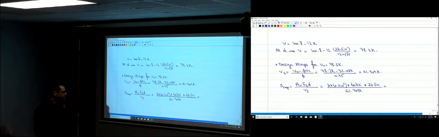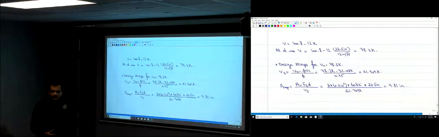So for U-shaped, you have 2 branches multiplied by the area of a number 3 bar, which is 0.11 inches squared, multiplied by fy, which is 60 KSI, multiplied by d, which is 22.5 inches, divided by Vs, which is 61.709 K. Just always make sure that the units are consistent. This is kips, and everything else is in inches. So the required S is 4.81 inches.